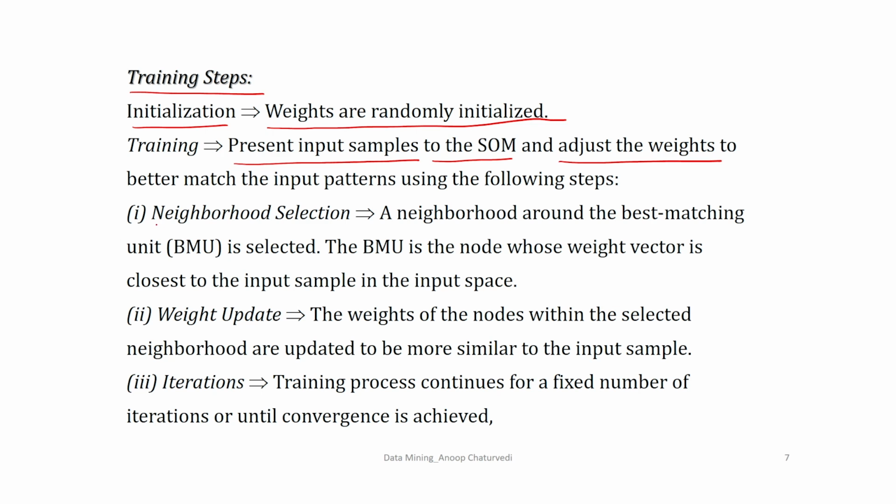Say, we do the neighborhood selection. A neighborhood around the best matching unit is selected, and the best matching unit is the node whose weight vector is closest to the input sample in the input space.